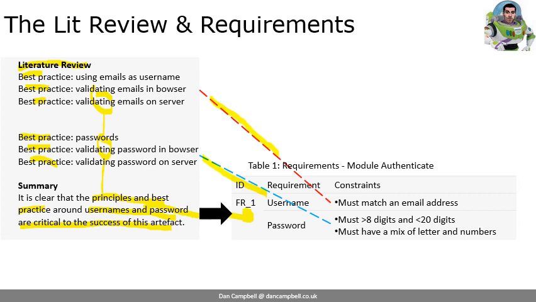So as the reader of your literature review, I'm doing two things. I'm reading and thinking, oh right, I'm looking for this topic in your list of requirements. When I get to the summary of your literature review, you're telling me I am transferring the knowledge and ideas around these topics and themes into my list of requirements.